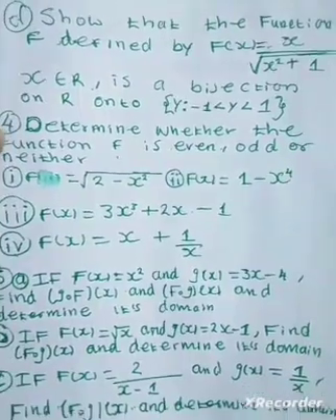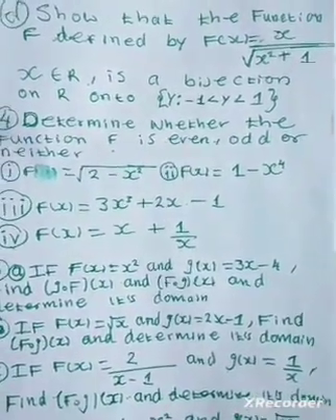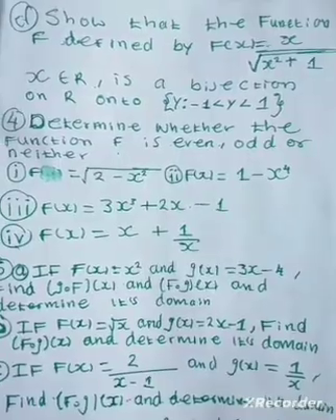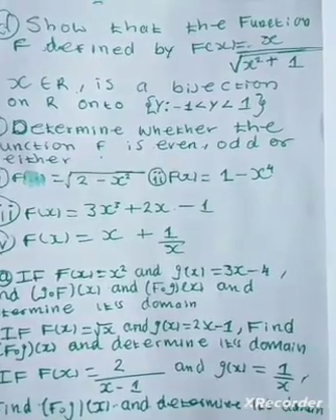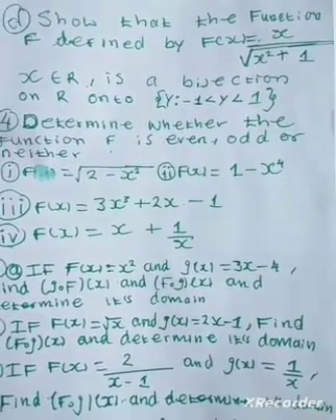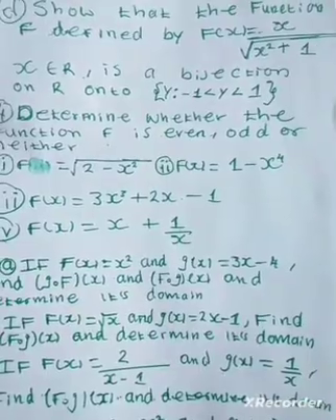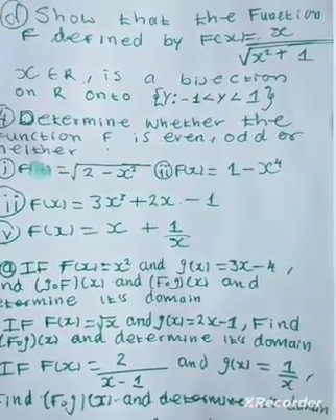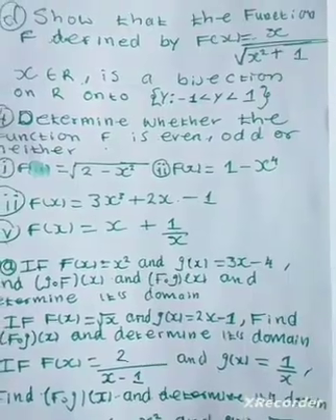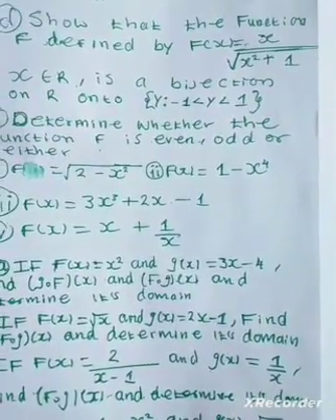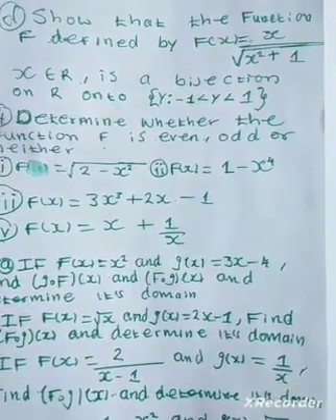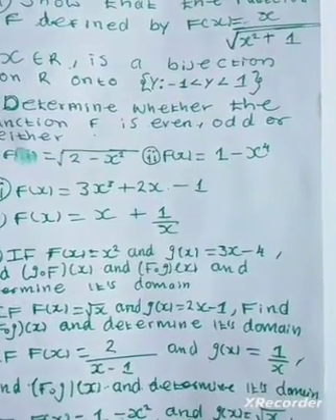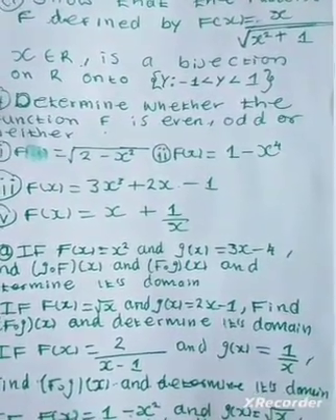So D, I want you to show that the function f defined by f of x is equal to, where all the possible values of x are real numbers, is bijective on real numbers. So how do you show that the function is bijective? If a function is bijective, it needs to be both injective and surjective. If it is injective, it means it is one-to-one, and if it is surjective, it means that there's an inverse, right?